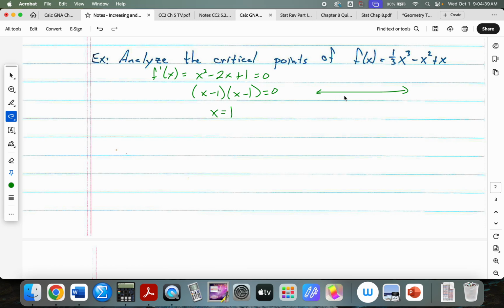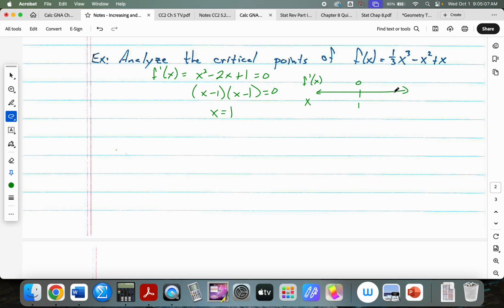So I'll make my number line. So if I pick a number larger than 1, and by the way, if you have it factored, it's always quicker and easier to substitute into the factored form to decide whether f prime is positive or negative.